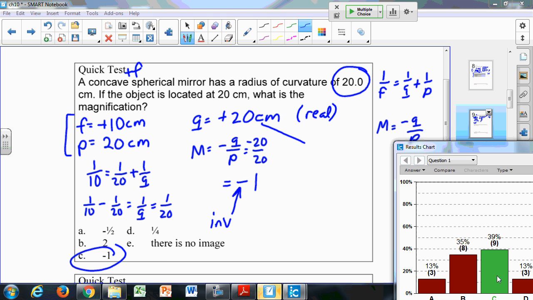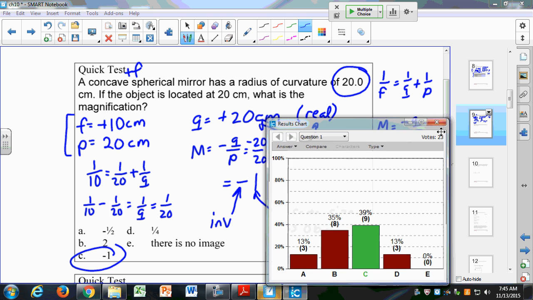Further, it's real, because the image distance is positive. And because the magnification has a magnitude of 1, it's the same size as the object. You'll have some questions on the test where you have to describe the image in words based on the image distance and the magnification.